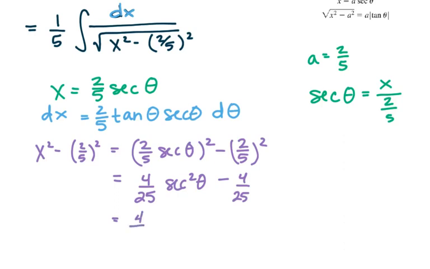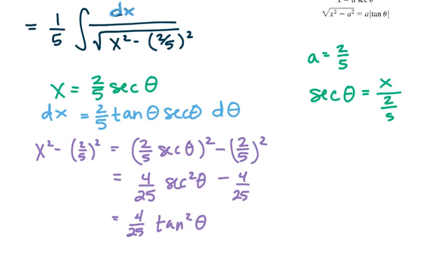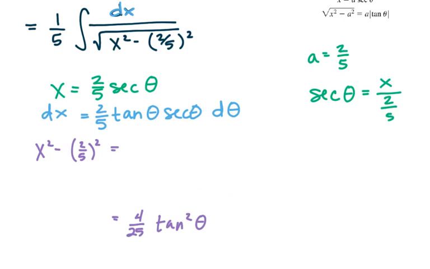If I factor that GCF out, I'm left with secant squared theta minus 1, and we all know that secant squared theta minus 1 is equal to tangent squared theta. For the sake of saving some space on my screen, I'm going to bring that up here. So we said that was equal to 4 over 25 tangent squared theta.